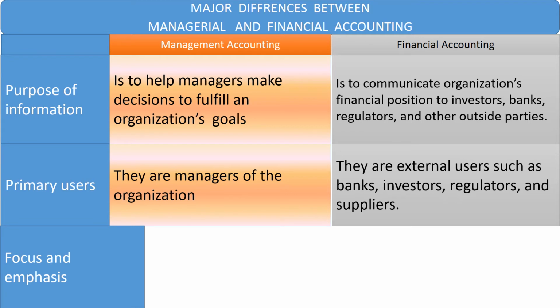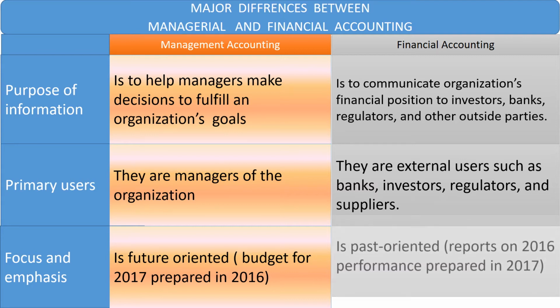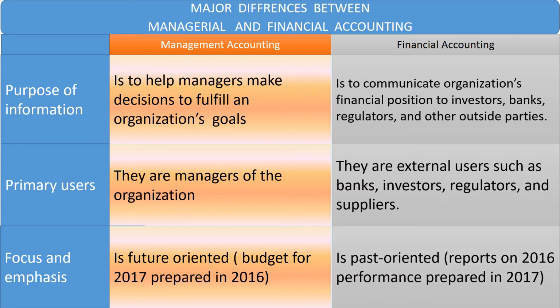From the point of view of the focus and emphasis, in management accounting, the focus is future-oriented, budget for 2017, prepared in 2016. But in financial accounting, it is past-oriented, reports on 2016 performance prepared in 2017.